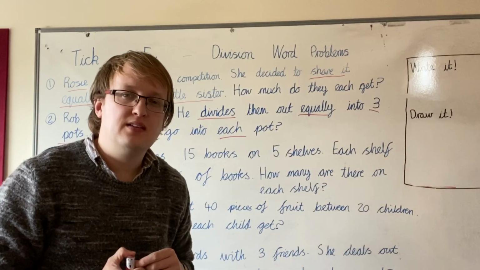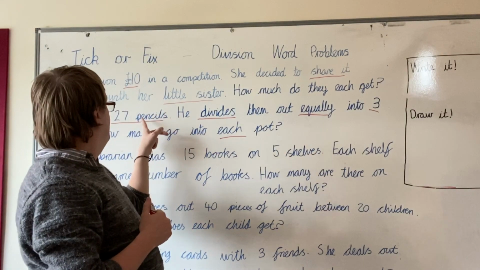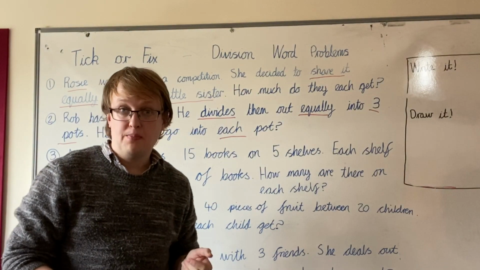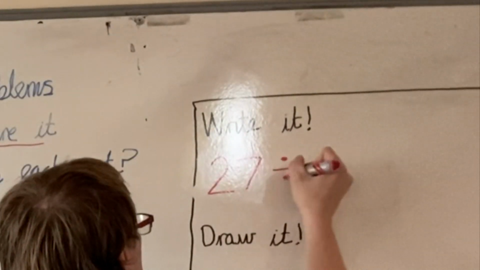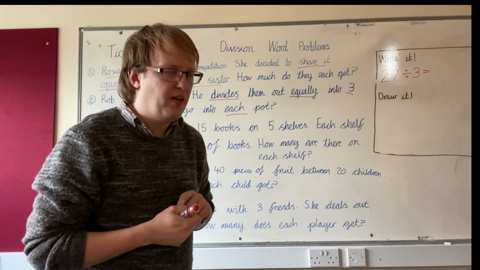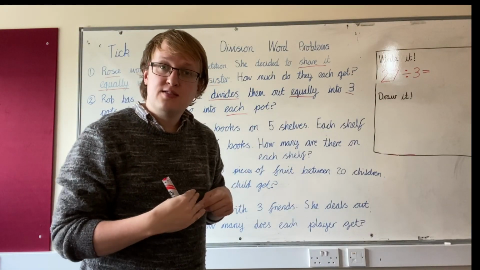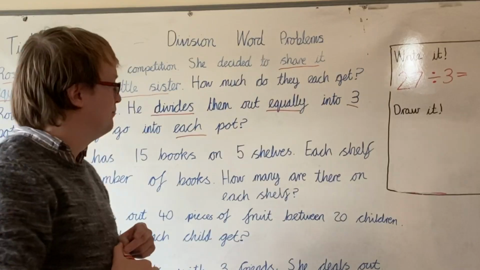What do you think our number sentence is? 27 divided by 3. I'm not too sure about that. I'm going to draw it and then solve the calculation afterwards, because drawing is going to help me.